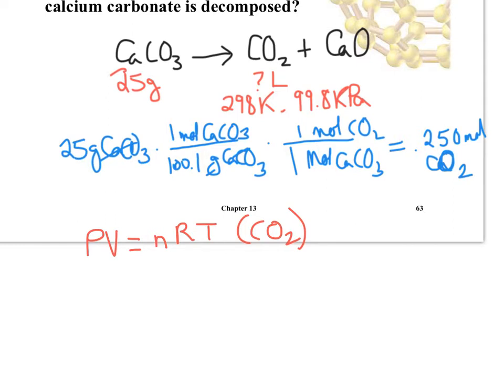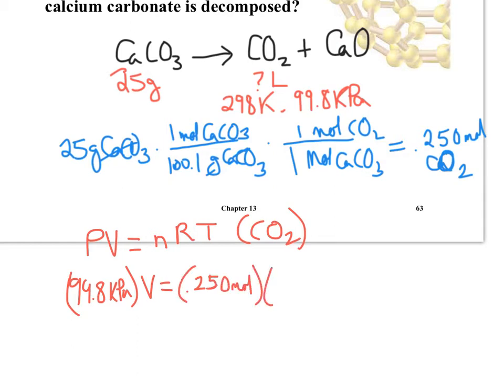So my pressure is 99.8 kPa. Volume is what I'm looking for, and I figured out the moles. It's 0.25 moles. R is 8.31 kPa times liters per mole Kelvin.